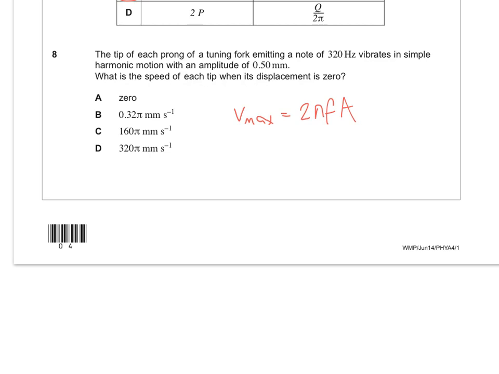So it's going to be 320 times 0.5 times 10 to the minus 3 times 2 times pi, which is 1.00 meters per second, so times 10 to the power of 3 to go in millimeters. So 320 pi millimeters per second once you get the right units and put the right numbers in for that.